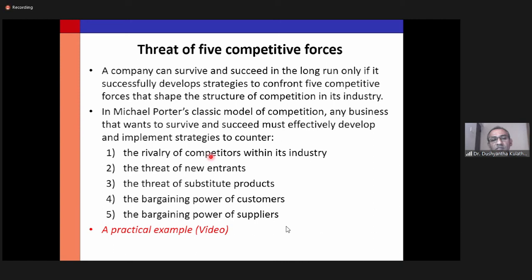So this is really useful even today. As I mentioned earlier, it is very much suitable for the manufacturing industry, manufacturing companies. But application is somewhat difficult when it comes to the service industry.